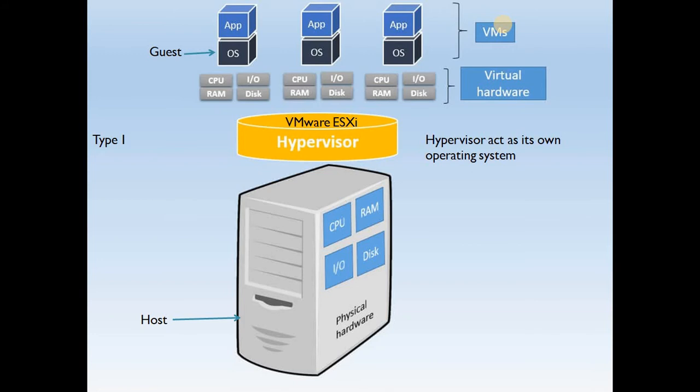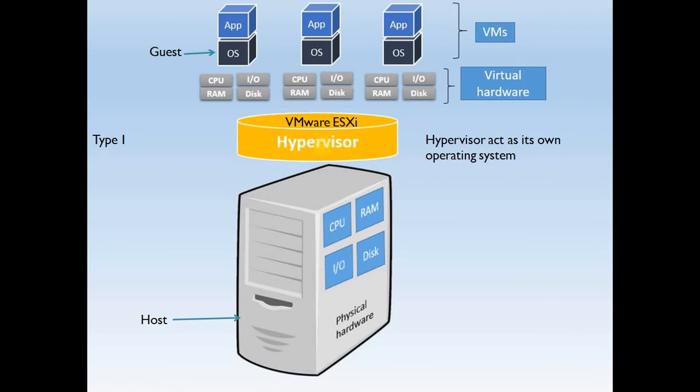Type 1 hypervisor always works on top of your physical hardware. That means if you would like to deploy the type 1 hypervisor, first you are going to have the specific hardware actually. That's a specific physical hardware. Just above this hardware, you are going to install the platform that we call a hypervisor. So for example, I have used over here VMware ESXi.